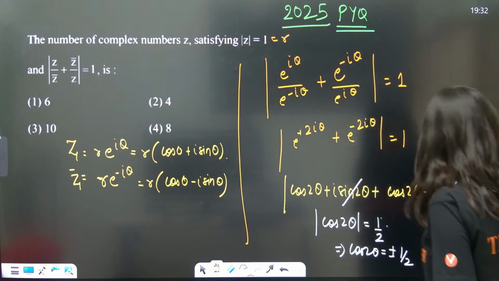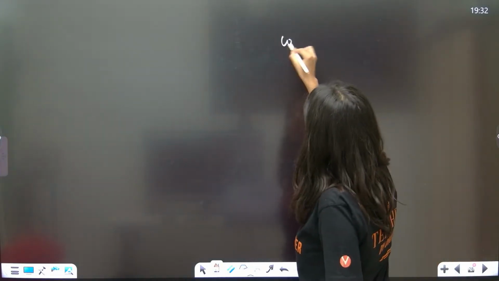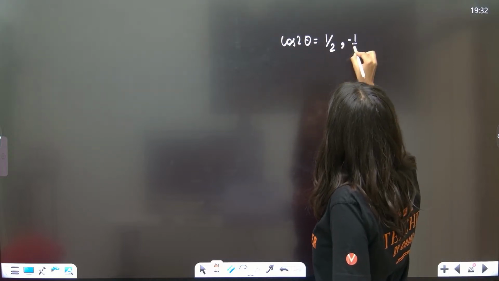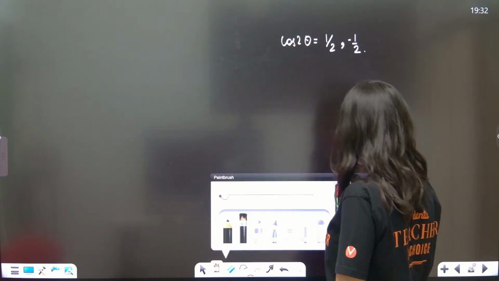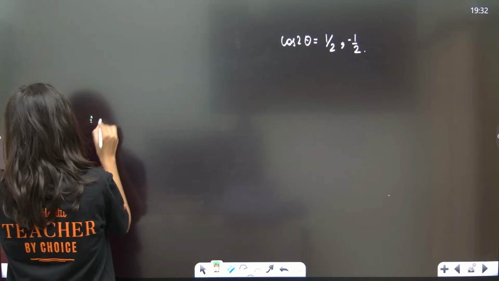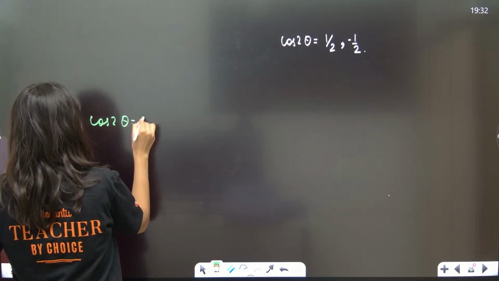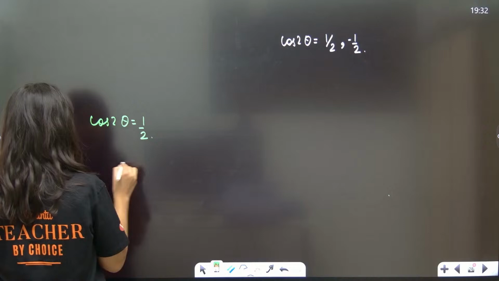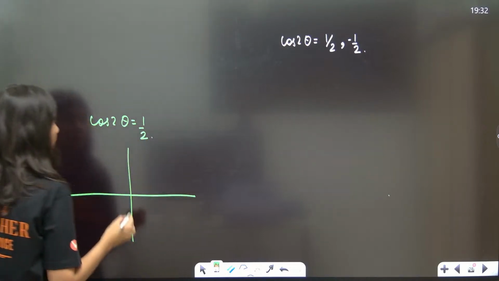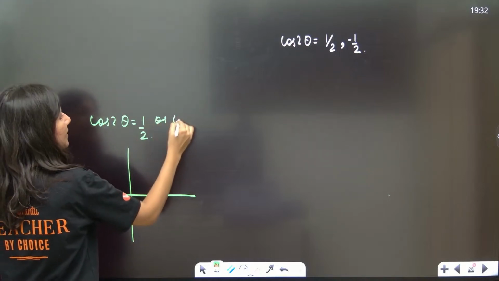Understand, cos 2 theta is plus minus half. Just tell me, cos 2 theta is half, so 2 theta will be what? Tell me. Or you can say cos x is half.